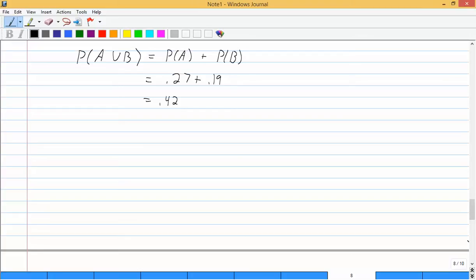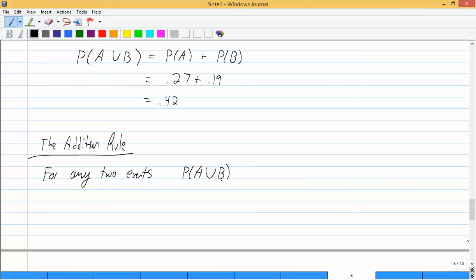The next law is the addition rule. The addition rule says that for any two events, the probability of A union B is equal to the probability of A plus the probability of B minus the probability of, what do you think this means?